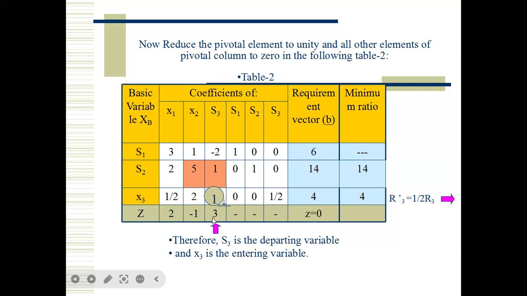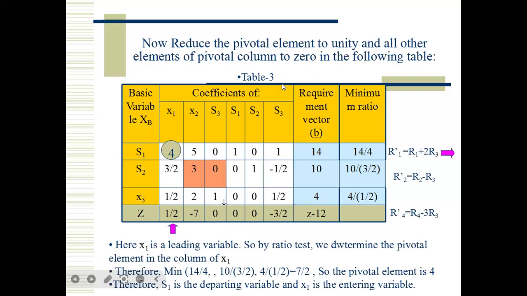Now we will reduce the pivotal element to unity and all other elements of the pivotal column to 0. That means 3 becomes 0, 1 becomes 0, minus 2 becomes 0. So how will it happen in the next table?